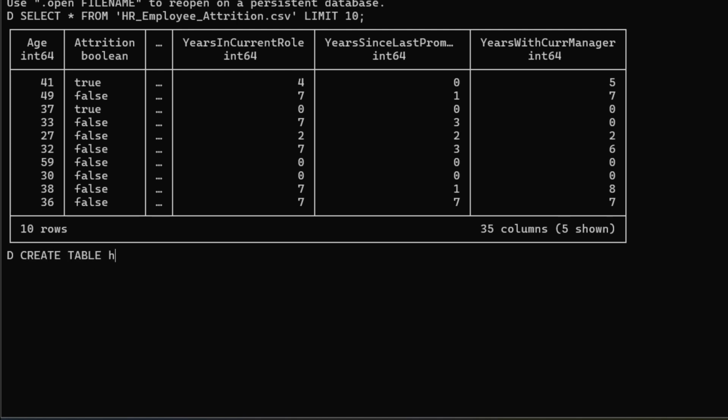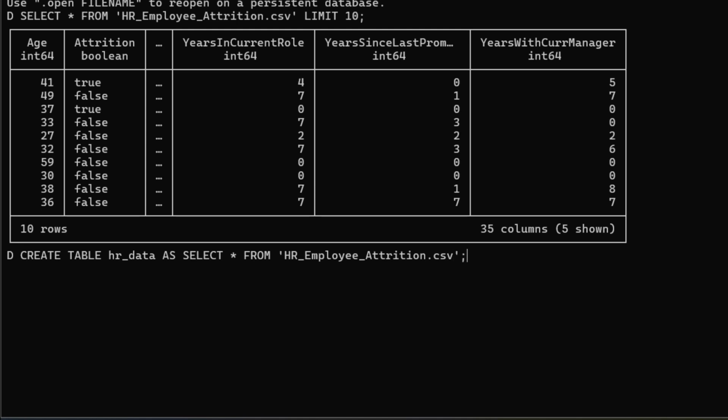So create table HR data as select. We can use both uppercase and lowercase, but here we are following the standard format. Start from the file name CSV.